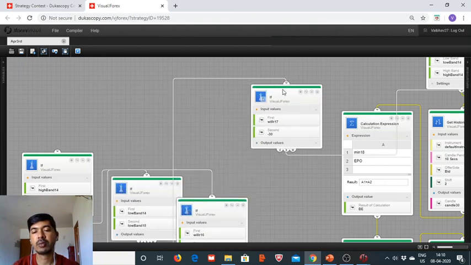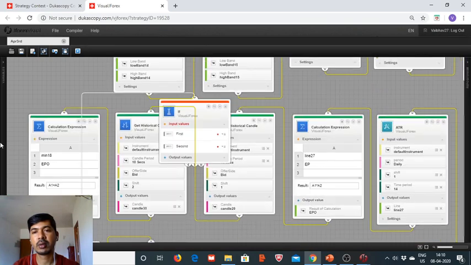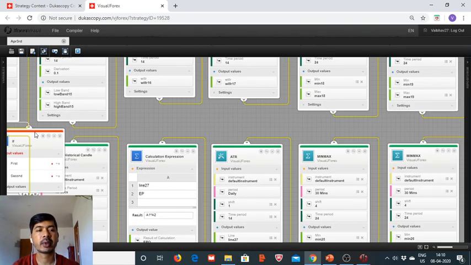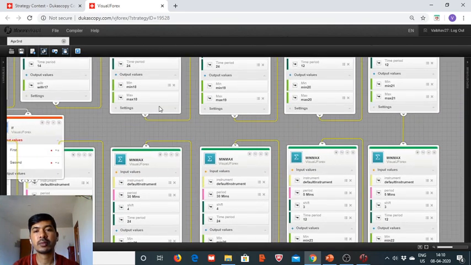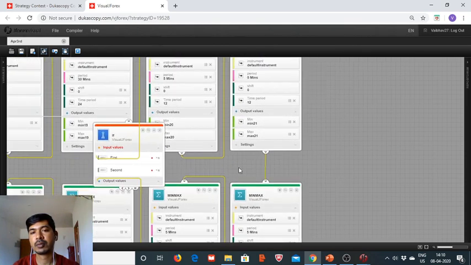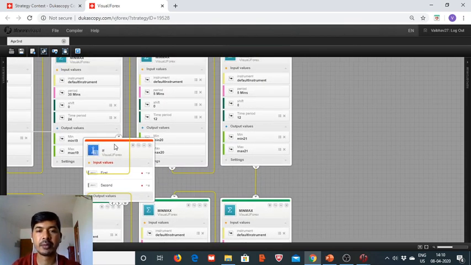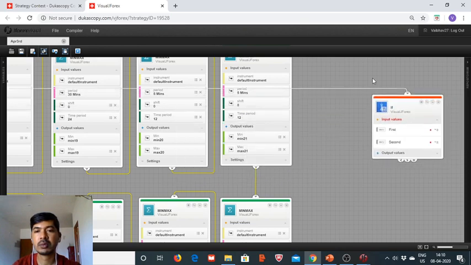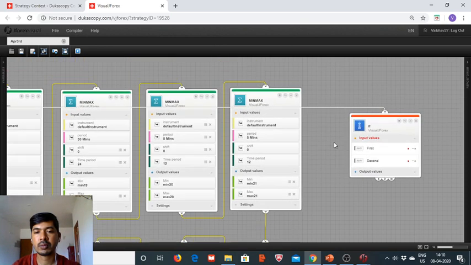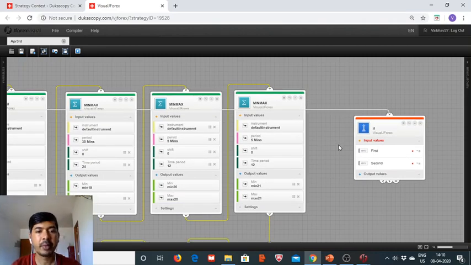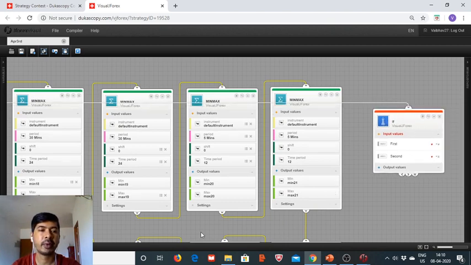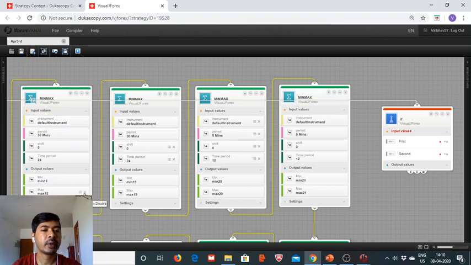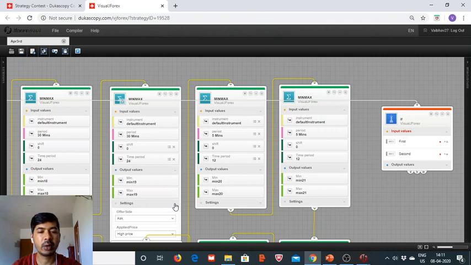Now we need to work with min max. So here we take the current maxima of the ask side on the high price.